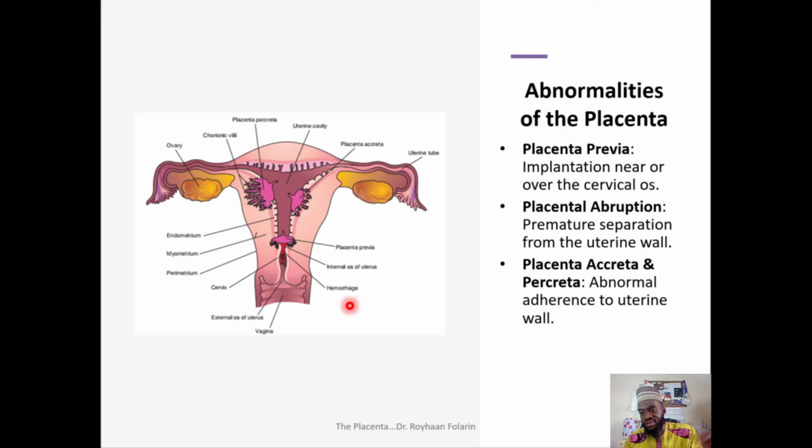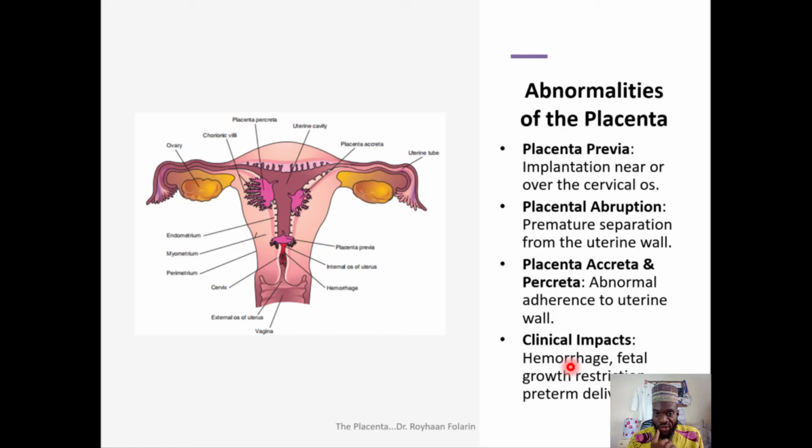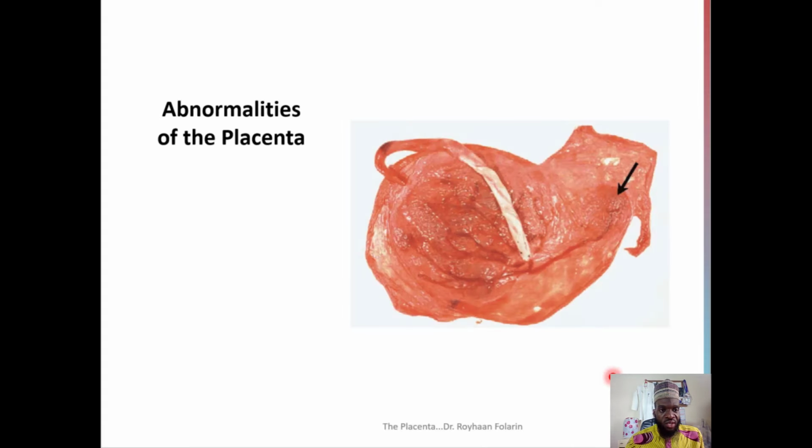An ultrasound scan is one of the ways to diagnose this clinically, in order to prepare adequately during childbirth. All of these complications are associated with different levels of hemorrhage, fetal growth restriction, and also preterm delivery.